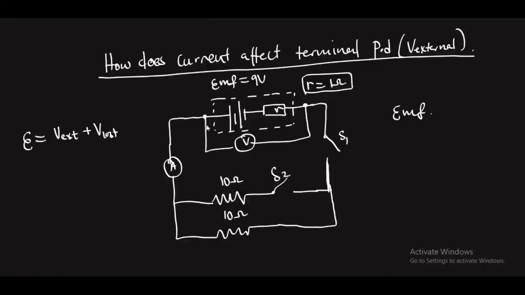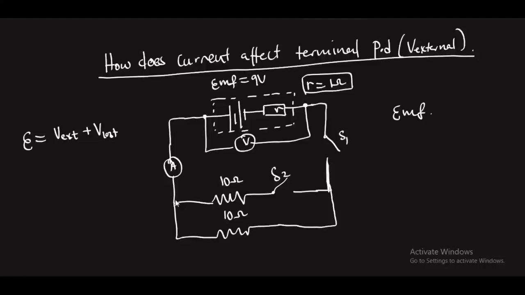So we will see that we don't necessarily have 9 volts available to do the work to move charges. We will have less than 9 volts available when the circuit is working, due to this energy being lost as heat and collisions inside the battery.